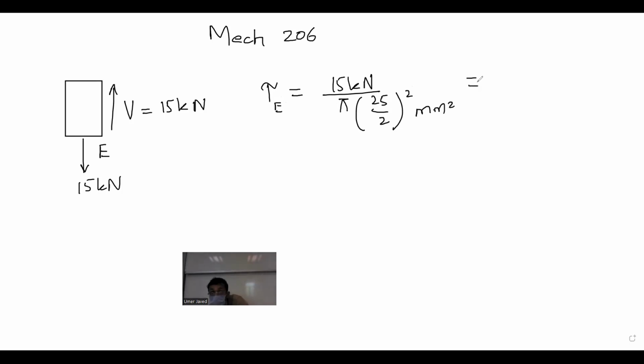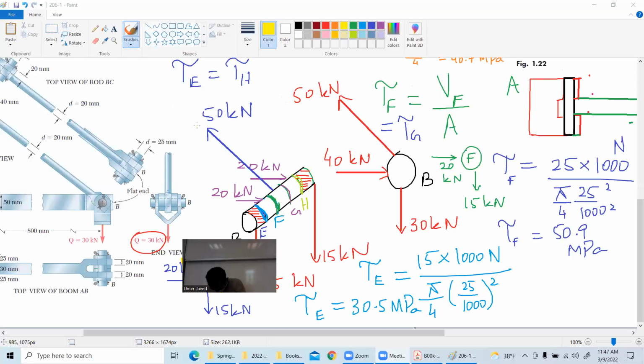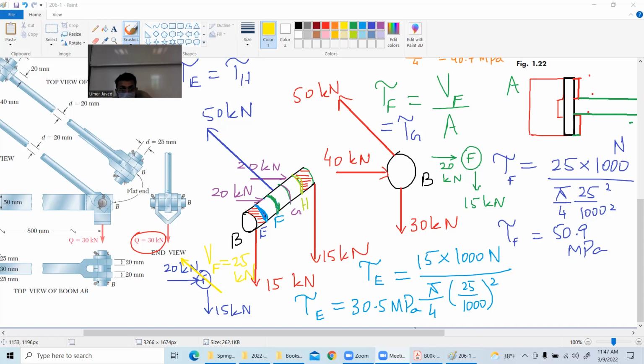Let me show you the diagram, otherwise it's very confusing. So 6, 5, 4, 3, 2, 1. Where is the shear stress at E? So this is the E.